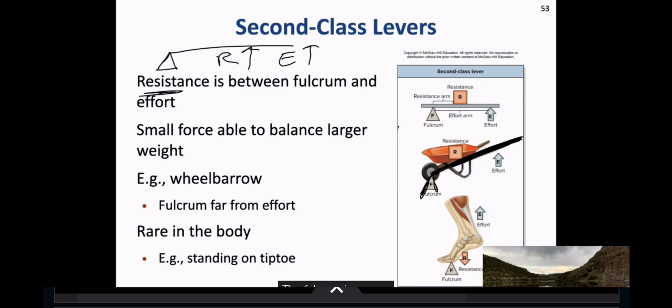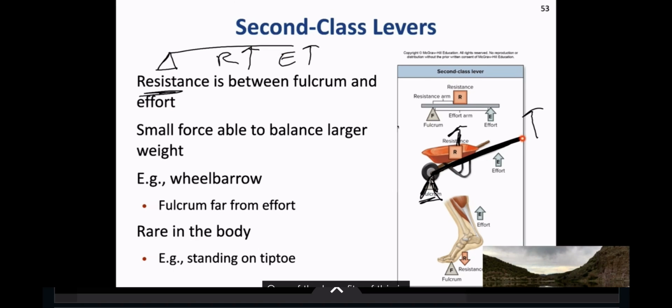The fulcrum is on one end, the resistance or whatever I want to lift goes in the middle, and I grab the other end, the effort, and it goes up. Still, we have a resistance arm between the fulcrum and resistance, and an effort arm, the entire bar basically, between the fulcrum and the effort.